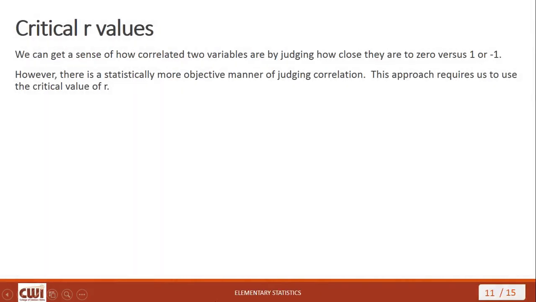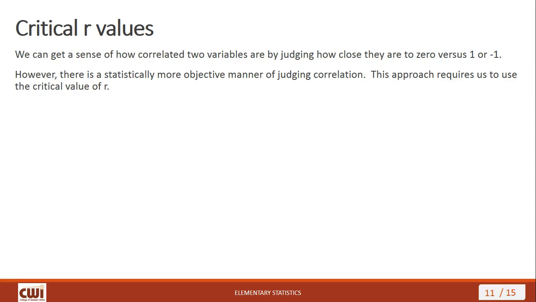Okay, so critical R values are how we're going to statistically determine whether a correlation exists or not. Because looking at how close a number is to 1 or -1 is kind of subjective.